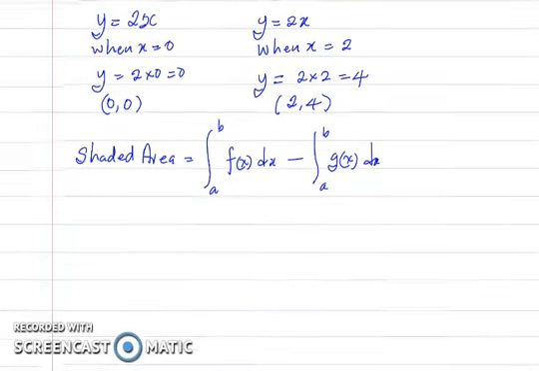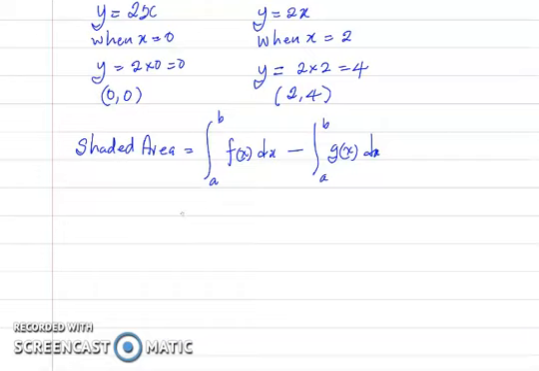In our context, the graph that is above is y is equal to 2x. So this is the integral from 0 to 2 of 2x dx minus the integral from 0 to 2 of x squared dx.